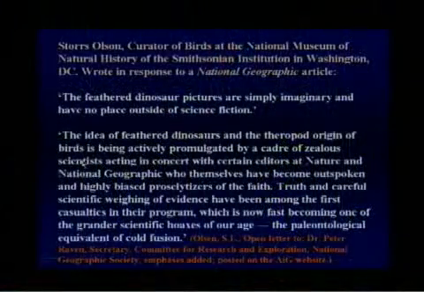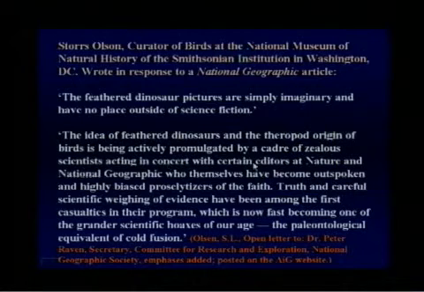The idea of feathered dinosaurs and the theropod origin of birds is being actively promulgated by a cadre of zealous scientists acting in concert with certain editors at Nature and National Geographic. So there seems to be an agenda in the scientific world, who themselves have become outspoken and highly biased proselytizers of the faith.